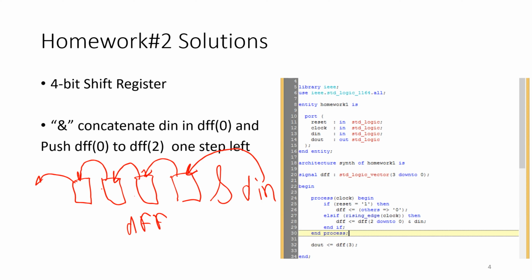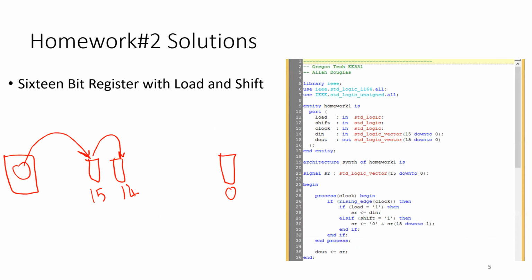In this example, I am giving D in, and D in is being pushed all the time. But in this example, I loaded the 16-bit with numbers. Now I am pushing 0 and clearing everything.